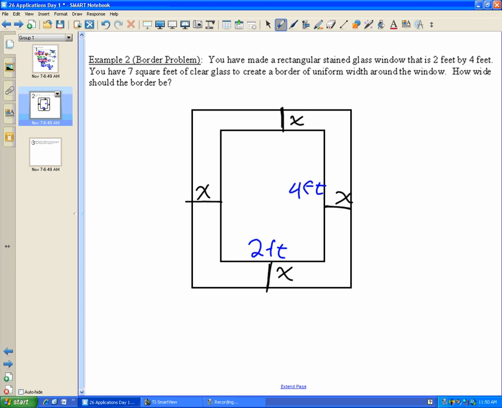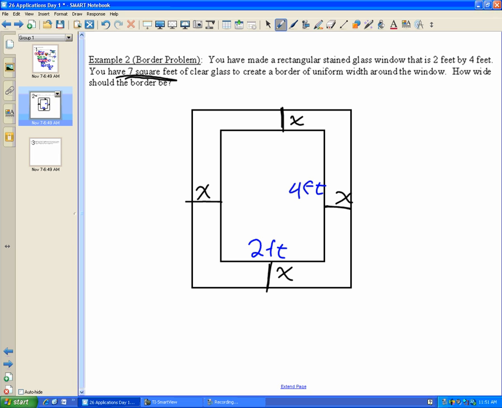At this point, I need to figure out how I'm going to come up with an equation to solve this. The first thing I need to do is figure out what I want to use. Since it tells me I have 7 square feet of clear glass, it'd be nice if I could talk about area.